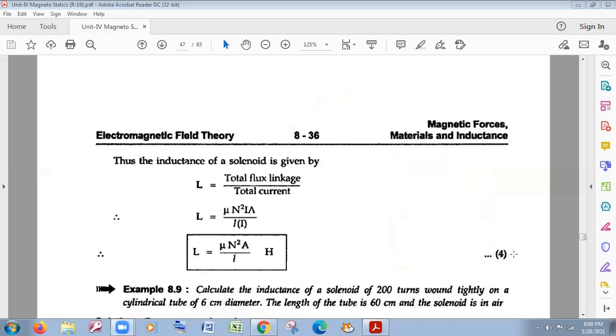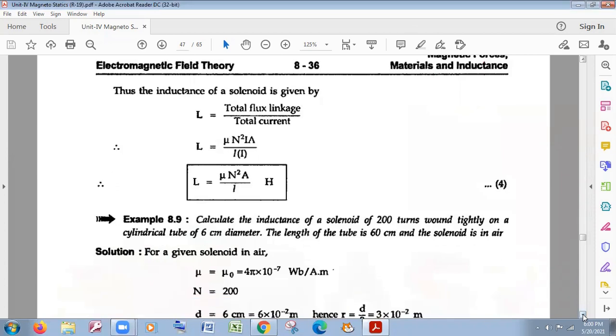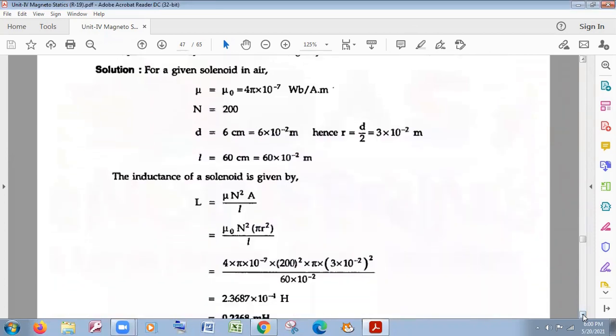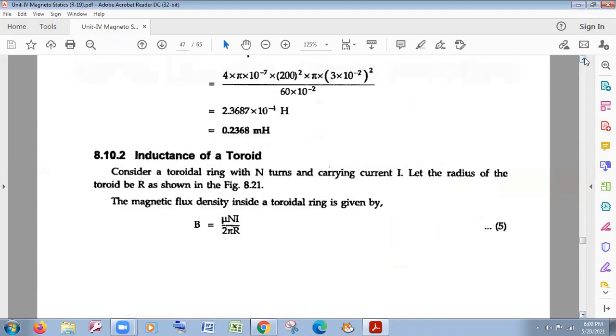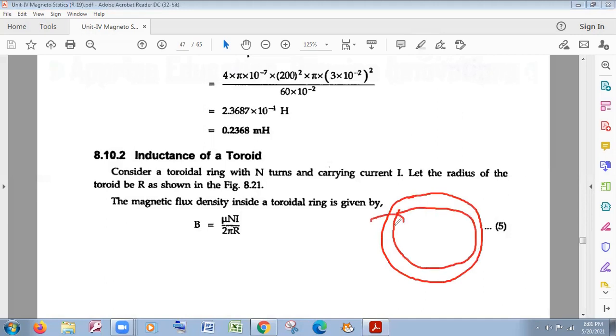The same thing for the inductance of the toroid. Consider a toroid ring with N turns. A toroid looks like this, my dear students. I already told you, this is a toroid.